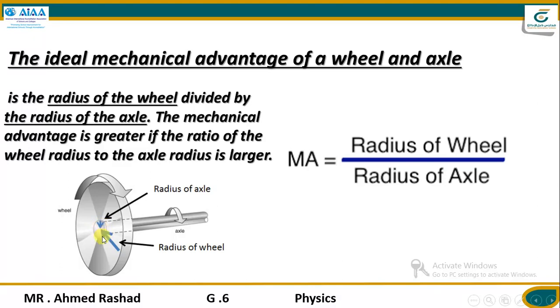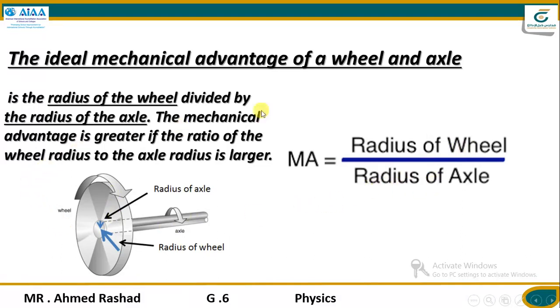The radius equals half of the diameter of the wheel or axle.